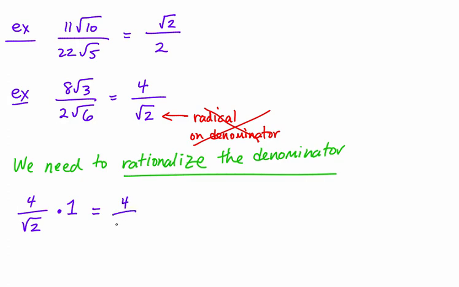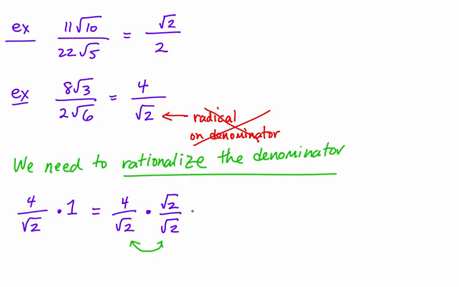So I can multiply a fraction by any same numerator and same denominator, and it would stay the same because this would be equal to 1. And what I pick for this one is the square root of 2 over the square root of 2. And you'll notice that my form of 1 matches the radical that I have on the left-hand side.